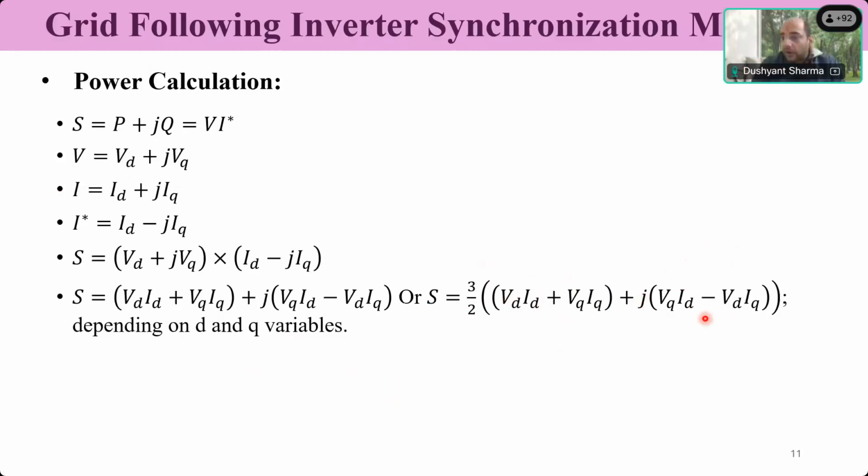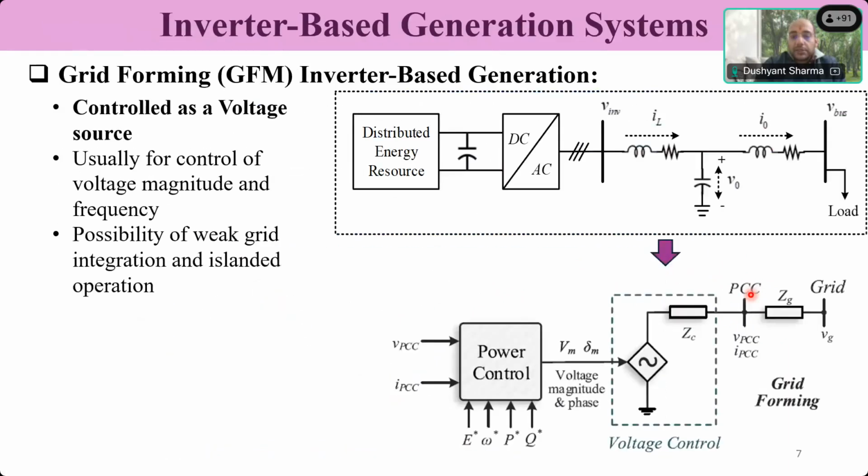Likewise, if you talk about the reactive power, J times minus, if you make VQ 0, you will get VD into IQ. Now again, VD is the grid D axis voltage. Grid voltage is constant. So this is a constant. What is the variable? IQ. IQ is the variable. So by controlling the IQ variable, we can control the Q, the reactive power. That is what is shown here.